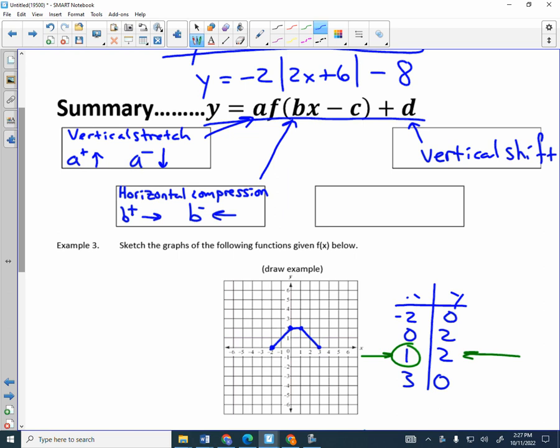And then finally, this C value, I want to be clear about this. As you look at this whole piece right there, horizontal shift, what we do is we solve Bx minus C is equal to 0.